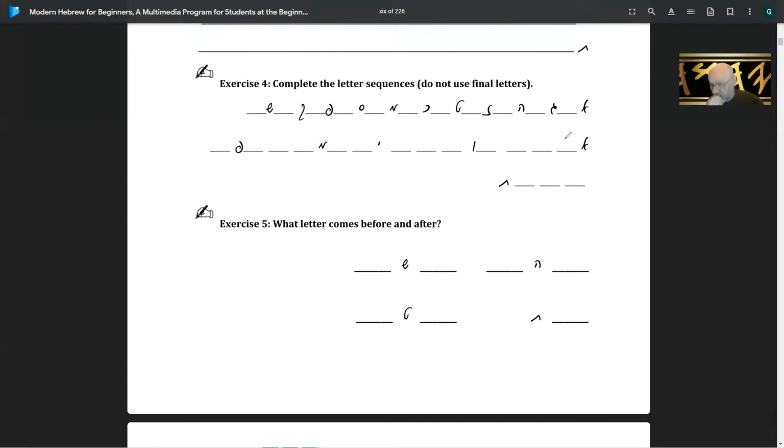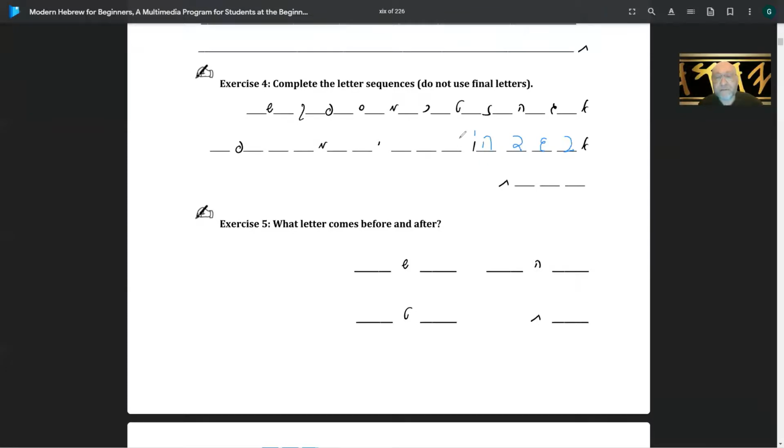Okay, so we've got Aleph. And remember the Bet looks almost like a 2, and this looks like a little piggy tail. Aleph, Bet, Gimel, Dalet, Hey, Vav, Zayin.